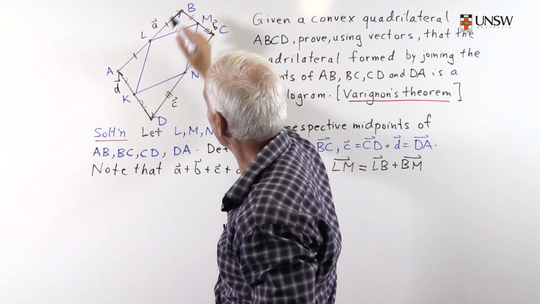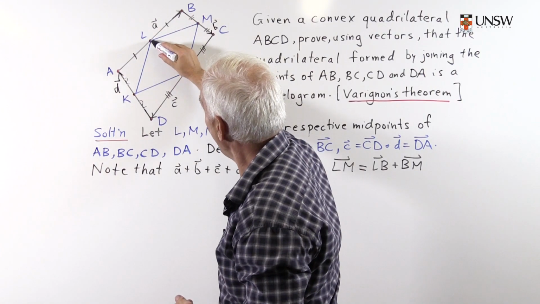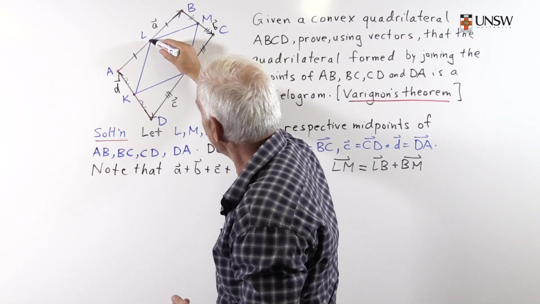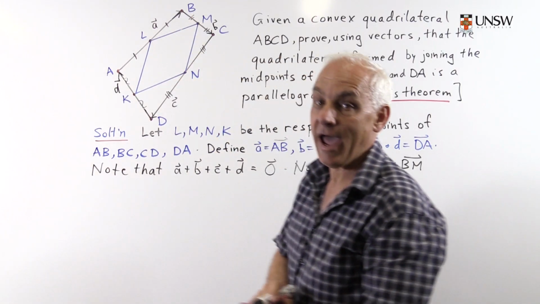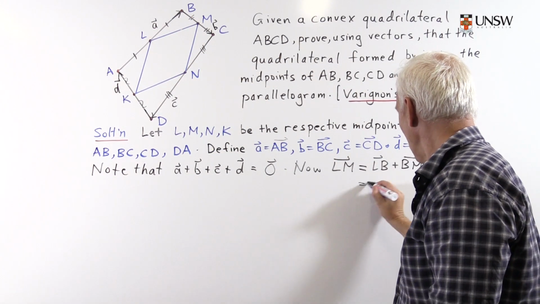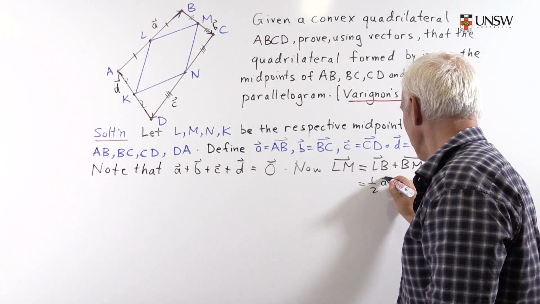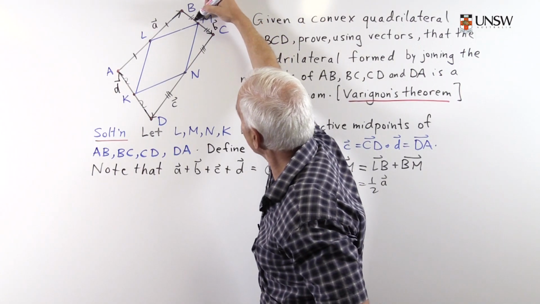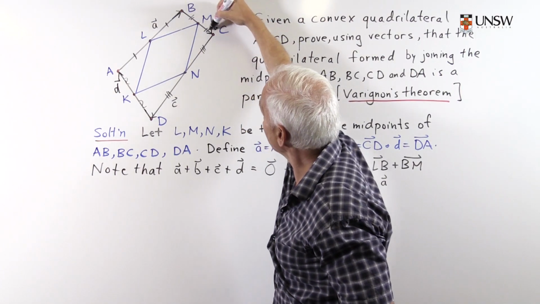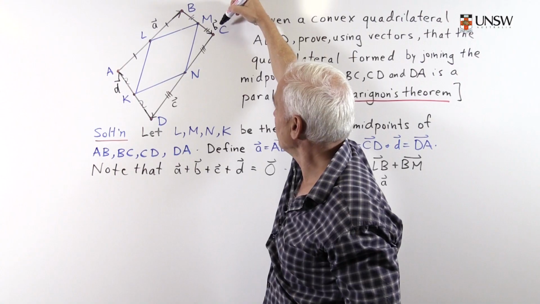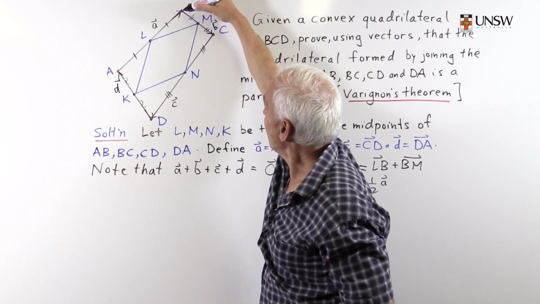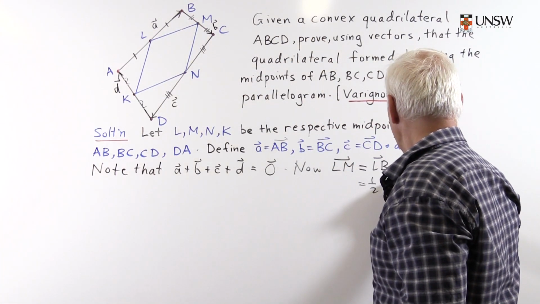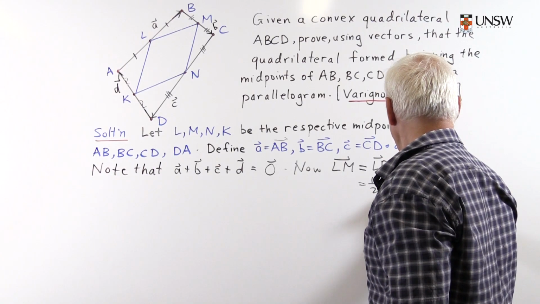From here to here is the vector a. This is the midpoint of the side AB. So the vector from L to B is exactly half of a. And similarly, the vector BM from here to here is 1/2 the vector from B to C, which we're calling vector b. So BM is 1/2 of b.